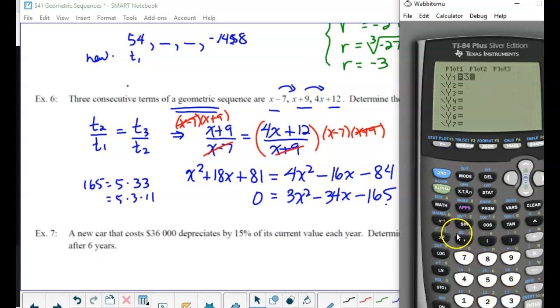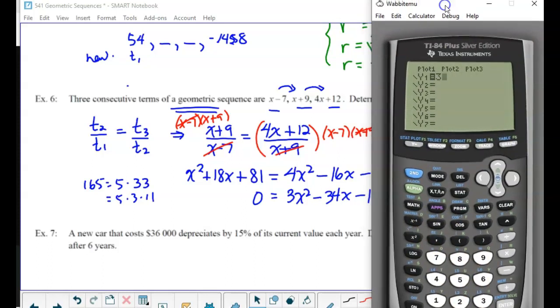And 3x squared minus 34x minus 165, and let's go, okay, so there.